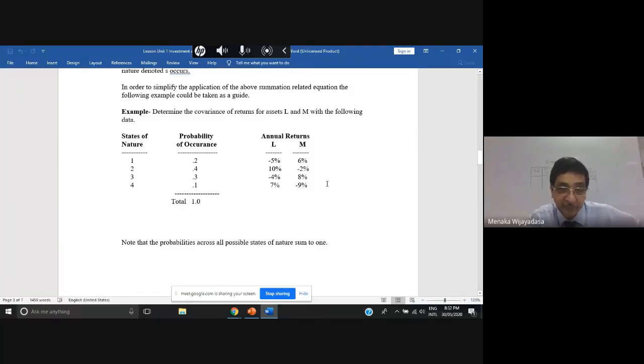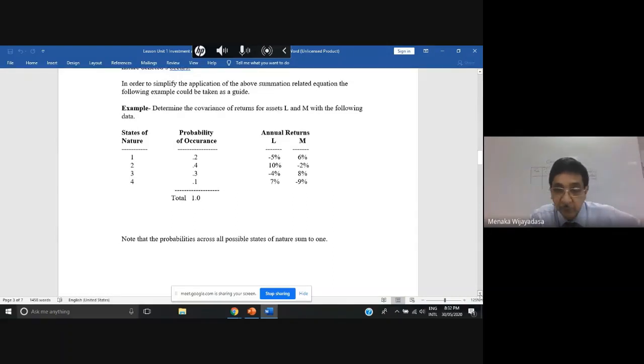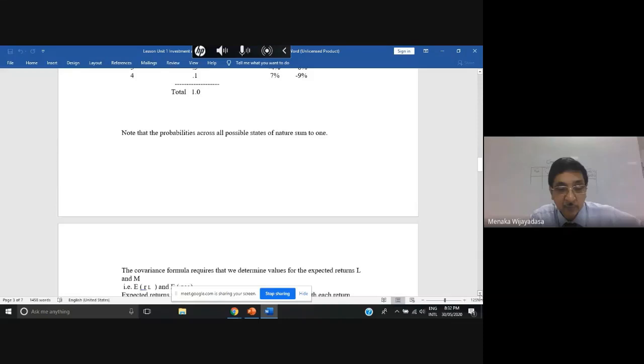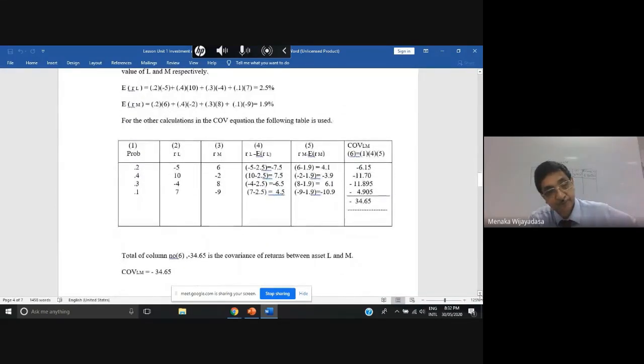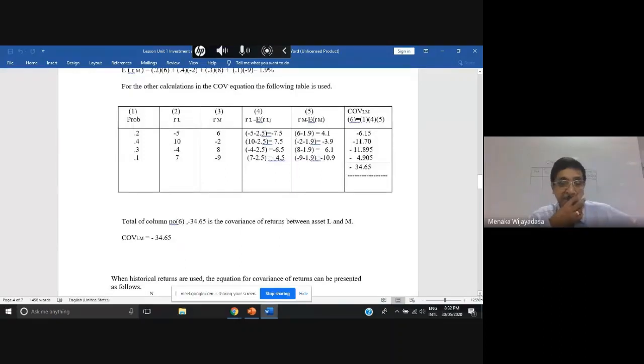And what we did was, we calculated the expected rate of return of L and expected rate of return of M. Then we get the next schedule. That schedule calculates the covariance. Is it clear?